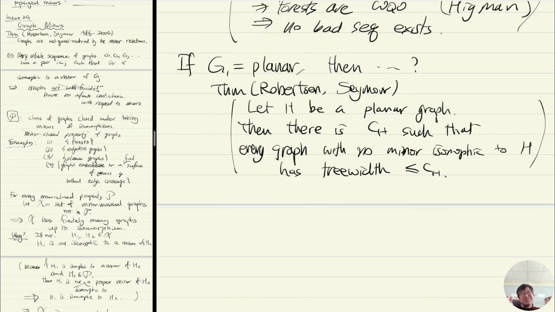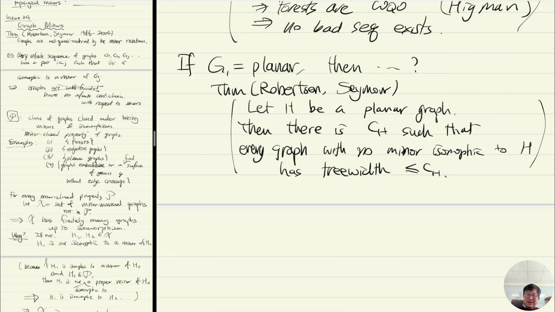I didn't say what tree width is, but this just means that if you forbid a planar graph as a minor, then the graph is essentially like a tree. Not exactly a tree, but like trees.